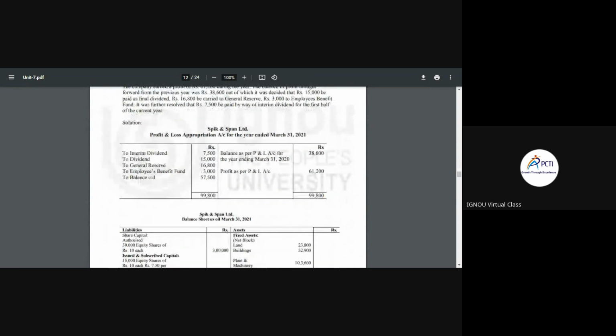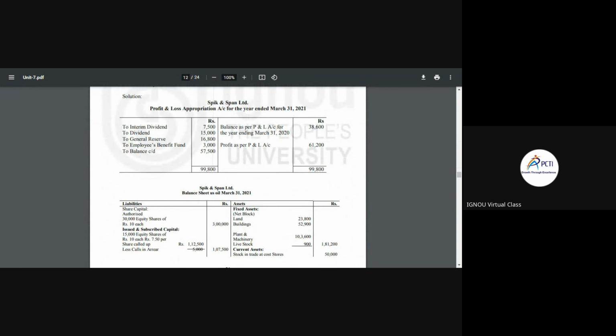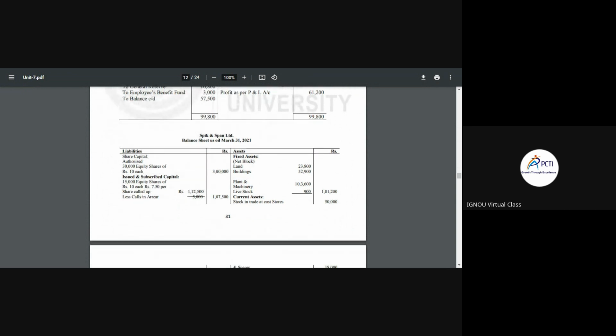This is your solution. Basically, you need to prepare the P&L appropriation account in which you have all the profits and losses and incomes. Then you need to make the balance sheet in which you show the liability side and asset side, with share capital, issued and subscribed capital.